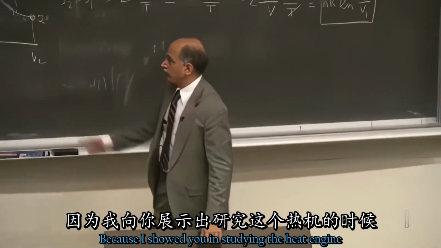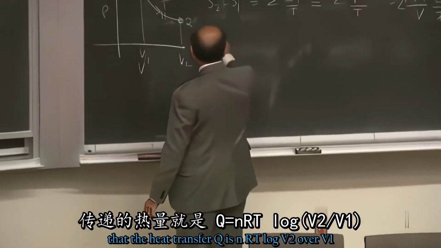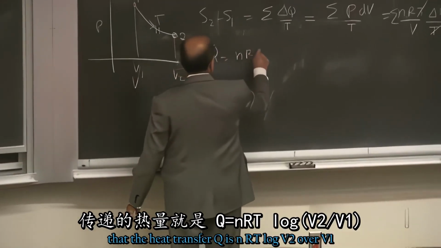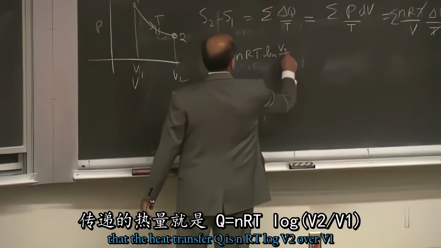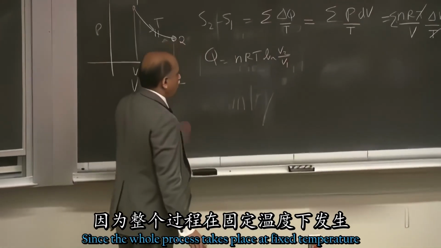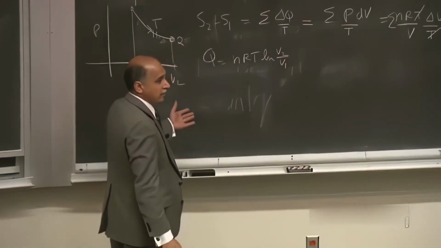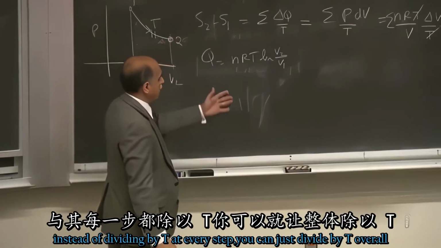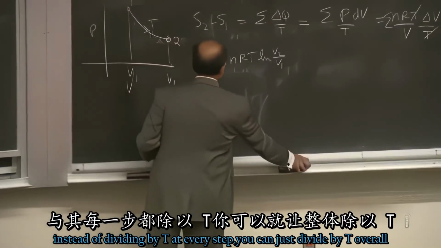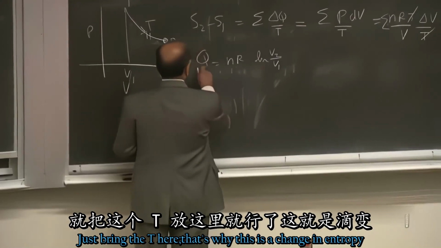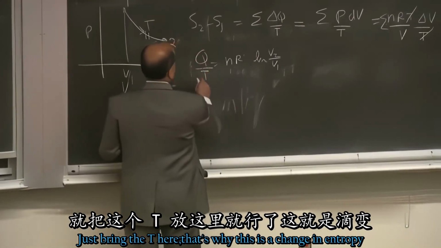Because I showed you in studying the heat engine that the heat transfer Q is nRT log V2 over V1. Since the whole process takes place at fixed temperature, instead of dividing by T at every step, you can just divide by T overall. Just bring the T here. That's why this is the change in entropy.